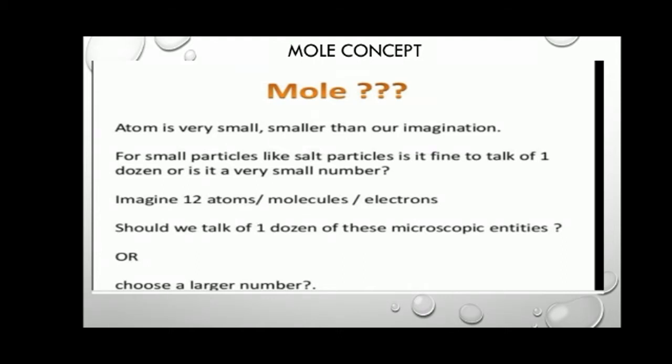Think. Imagine now 12 atoms or 12 molecules or 12 electrons. Should we talk of 1 dozen of these microscopic entities, or do we need a larger number than 1 dozen?